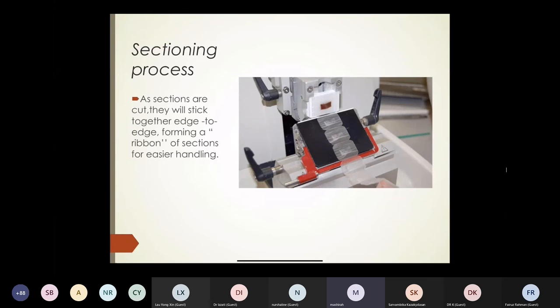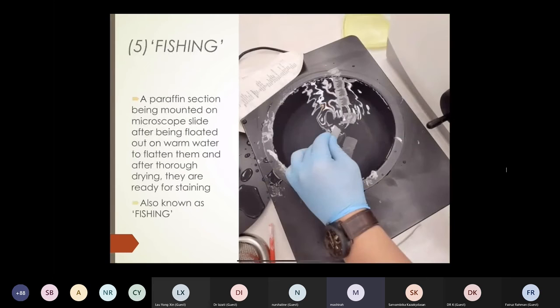Then, as sections are cut, they will stick together edge to edge, forming a ribbon of sections for easier handling. Fishing. A paraffin section being mounted on a microscope slide after being floated out on warm water to flatten them.